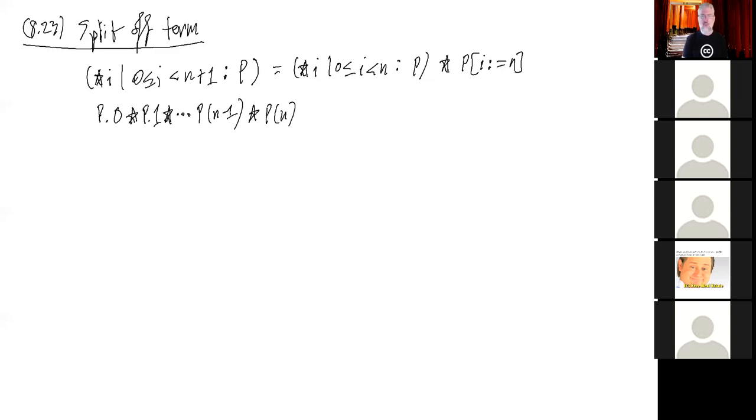And so then this part ends up being this, and this part, the P of n, ends up being this guy here. And there's always this question of, when I do split off term, am I going to get an n here or an n plus 1 or an n minus 1?